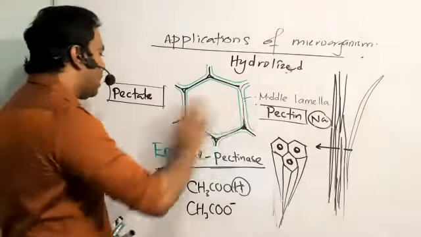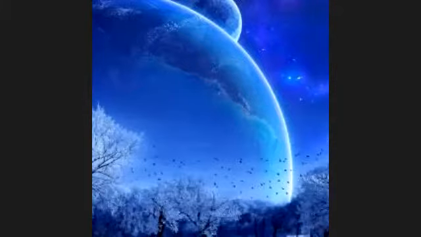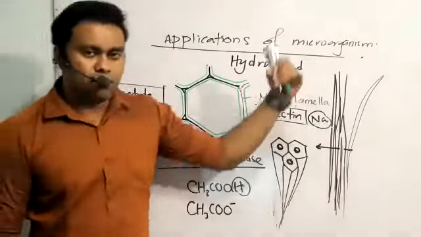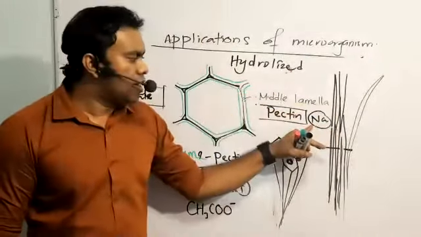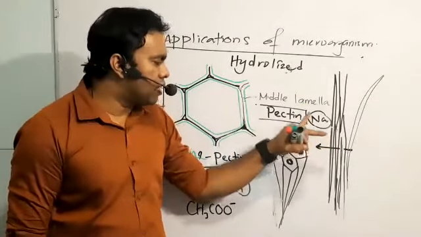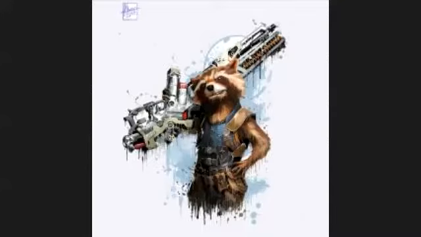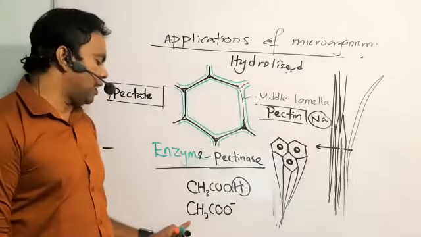So pectate is like that. Can we put only sodium? No, we can put sodium, potassium, rubidium, cesium, francium, whatever cations we can combine. When the anionic group with a minus charge is formed, then the 'ate' sound comes.